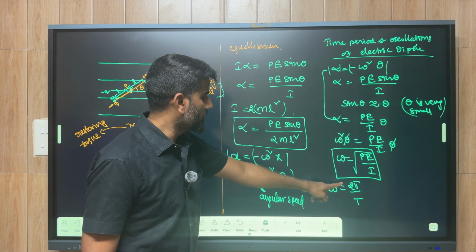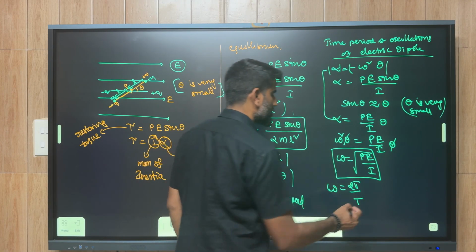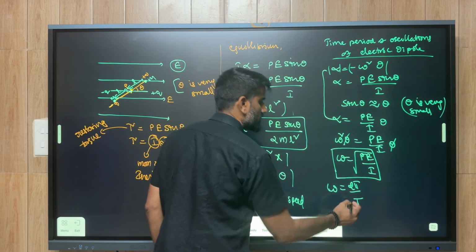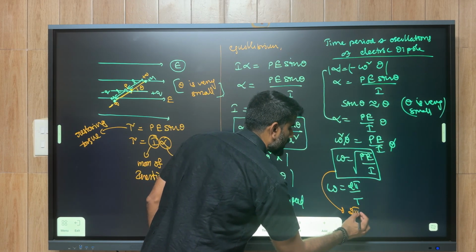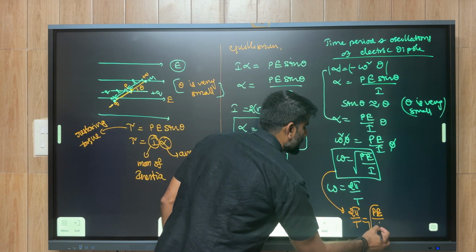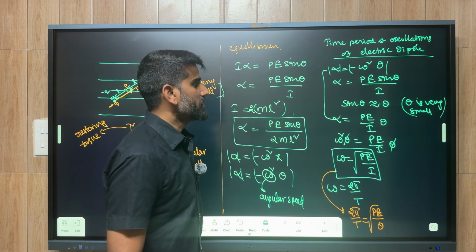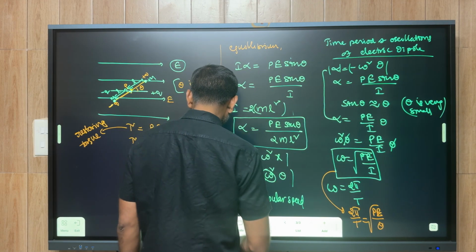So if I replace this 2 pi by T in place of omega here, I will get the expression for the time period. So omega is equal to 2 pi by time period is equal to root over PE by I, right? Sorry, it's not PE by theta.